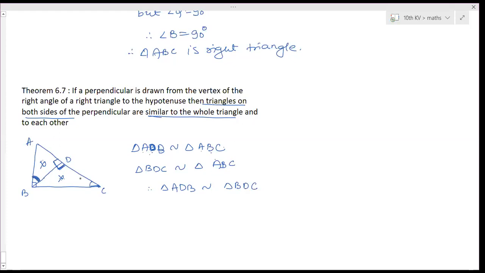So this angle and this angle are equal, and this angle is equal to this angle. They are always crossed. Therefore, you have to remember the names of the triangles. The naming part of the triangle is very important, otherwise you will not get the proper result that you need. So naming of similar triangles is very important.